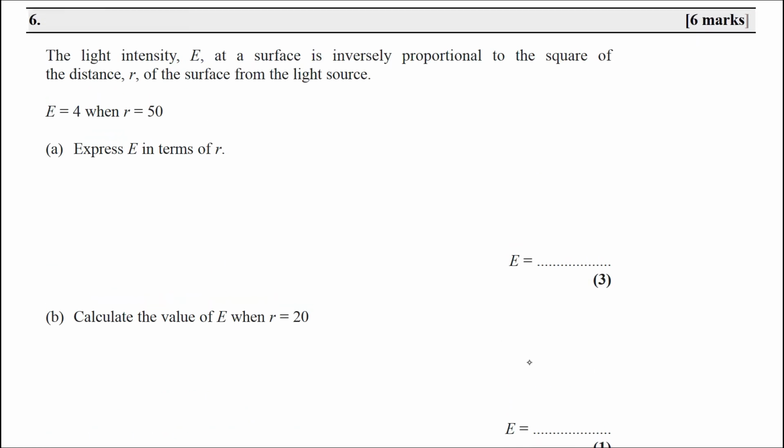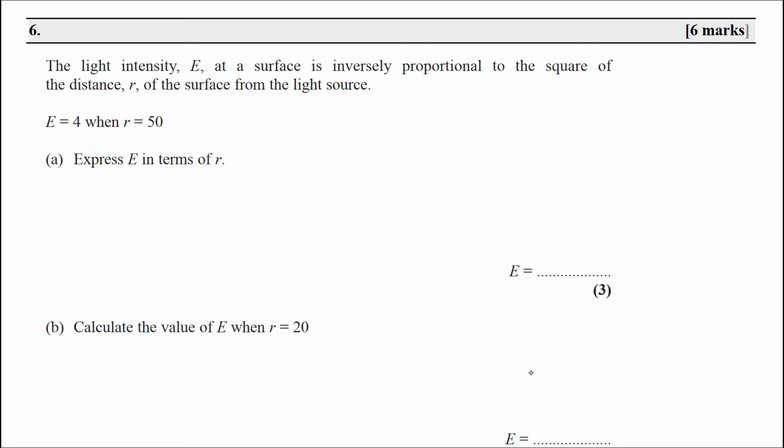Okay, number 6. You have the light intensity E at a surface is inversely proportional to the square of the distance of the surface from the lighthouse, the light source. Let's translate that statement to an equation.